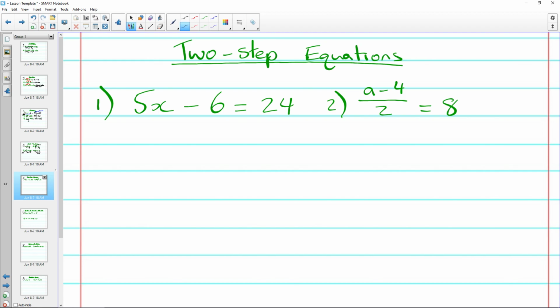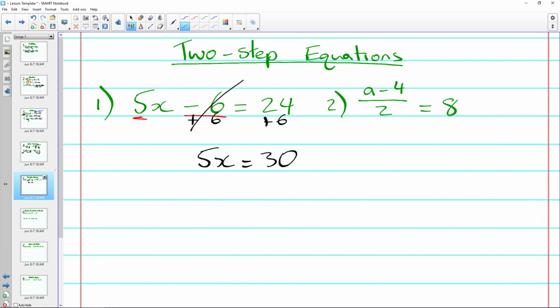The easiest way to do these two-step equations, or any type of equations, is to generally get rid of the numbers that are furthest away from the x first. Here, the thing that's furthest away from the x is the negative 6, so the opposite of negative 6 is plus 6, and that gets rid of the 6. So we now have 5x equals 30.